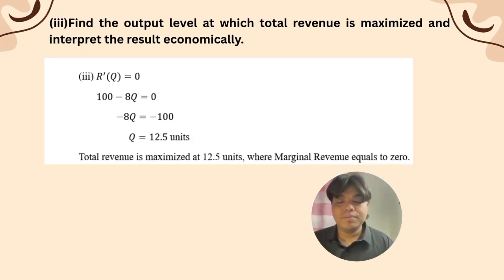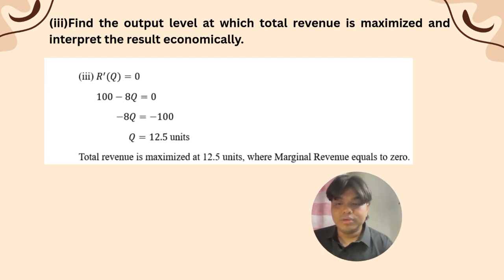For question number 3, find the output level at which total revenue is maximized and interpret the result economically. To find the output level that maximizes total revenue, we take the first derivative of the revenue function and set it equal to 0. This is because total revenue reaches a maximum at a turning point. We set marginal revenue equal to 0, so 100 minus 8Q equals 0.